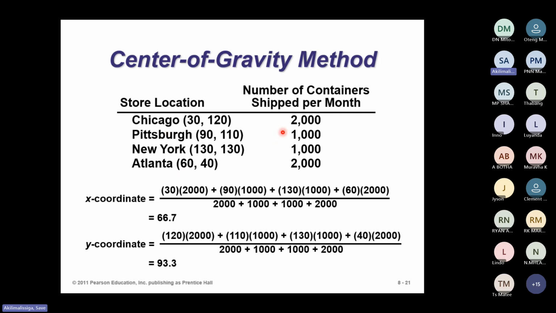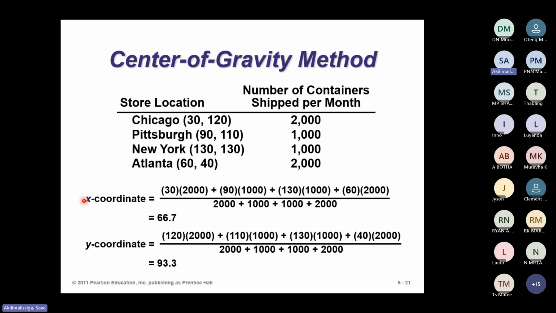So now the example is telling us to find the appropriate distribution center that can minimize the cost of shipping these containers to these different locations. So in other words, we will find the center of that distribution center whereby distances are minimized.